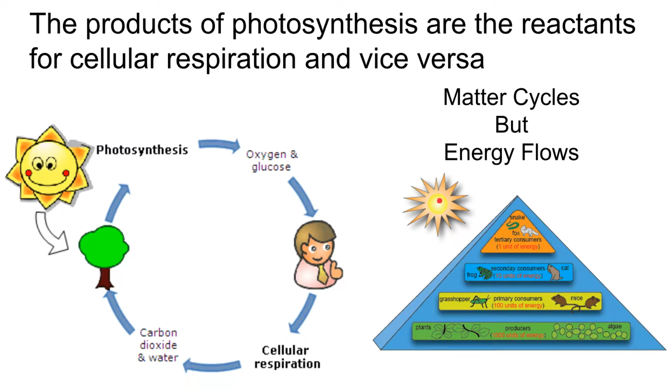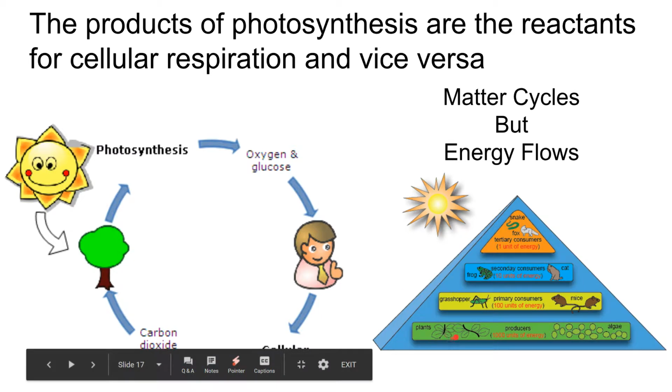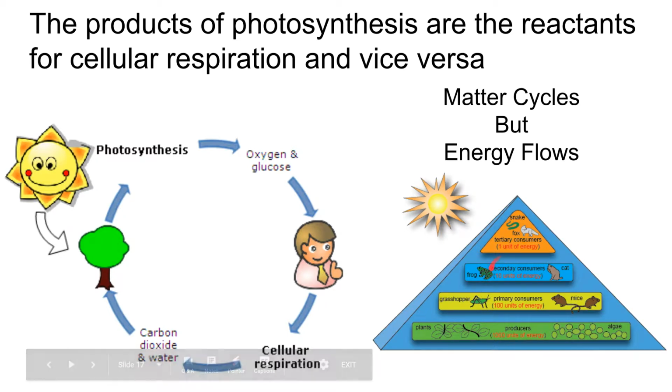So we have the sun, through nuclear fusion, taking hydrogen and smashing it together and building up into helium. That energy that's coming from the sun is getting absorbed by plants, and although these units of energy seem to be decreasing, energy is not lost as it travels up this energy pyramid.